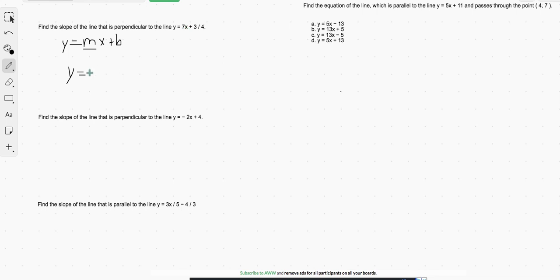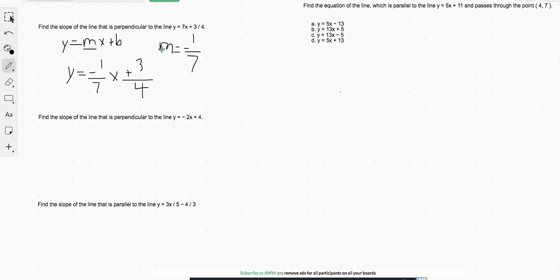So minus is right, but what's the opposite of 7? 1 over 7, if I make sense. And then you add in x plus 3 over 4. So that means that m equals minus 1 over 7. So that's the slope. So that's the first question.